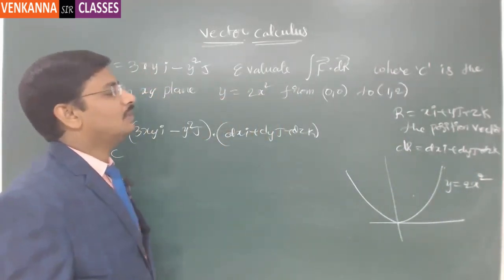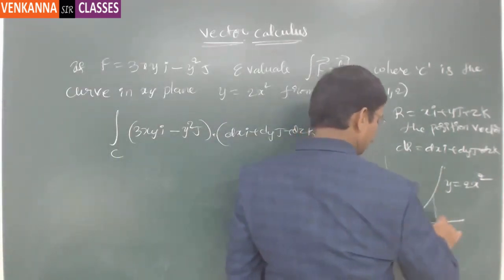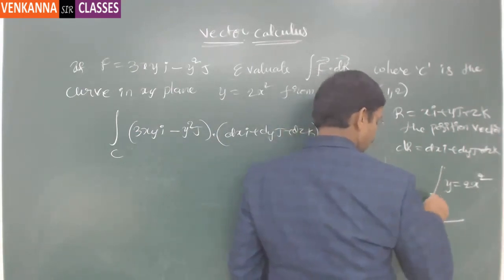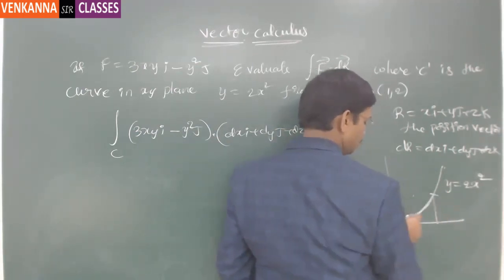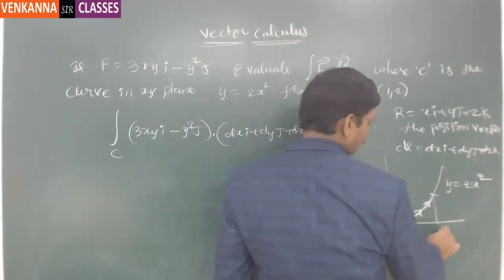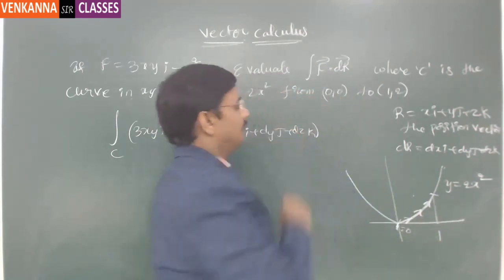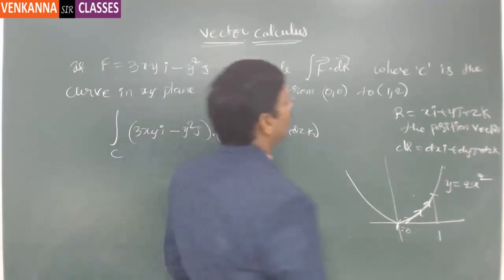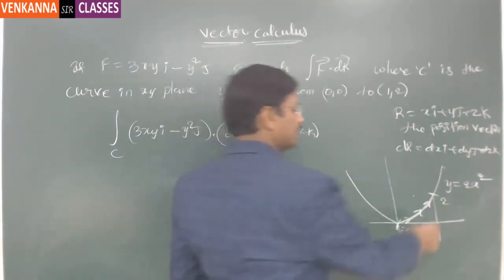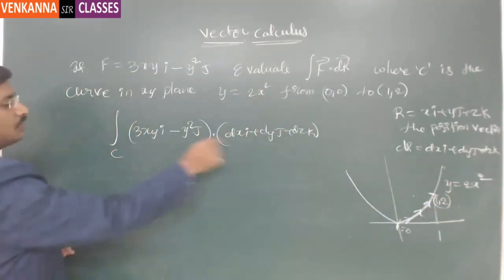If I take x only from 0 to 1, x equal to 0 is this position and x equal to 1 is this position, so this is the contour he is interested in. On this contour x varies from 0 to 1, and when x is 0, y is 0, and the other end is 2. So this point is (1, 2).